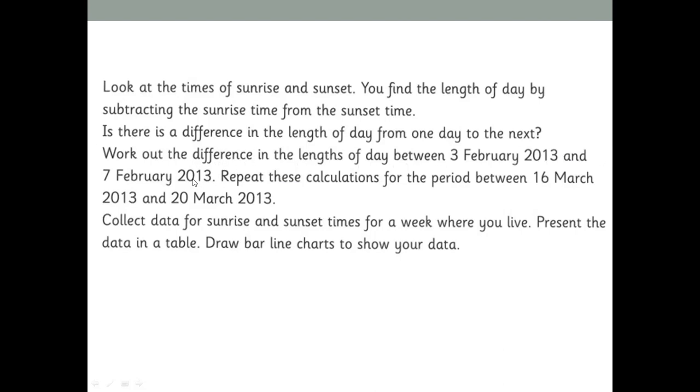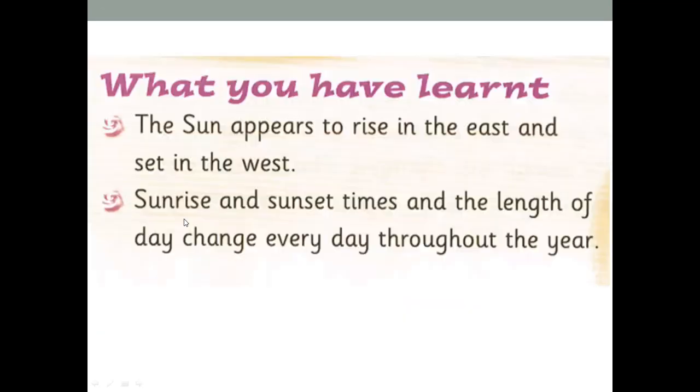This is 2013, you need to make it for this month. Or you can collect the data from the internet by writing on the Google search engine. Collect data for sunrise and sunset time for a week, present the data in a table like this, and make a bar chart.